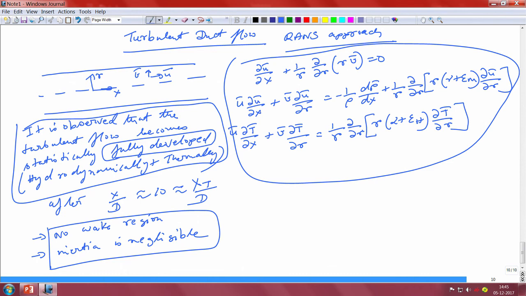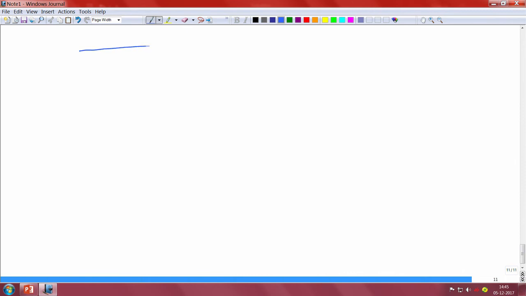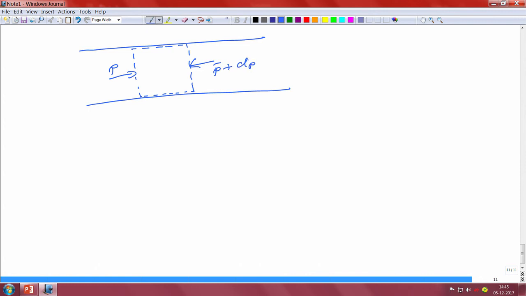So we will do a force balance now. If this is the pipe or duct, we take a control volume along this. So this has got the pressure P bar, and on the other side the pressure is P bar plus dP bar. This is the center line, this is at R naught, this is x, this is x plus dx.